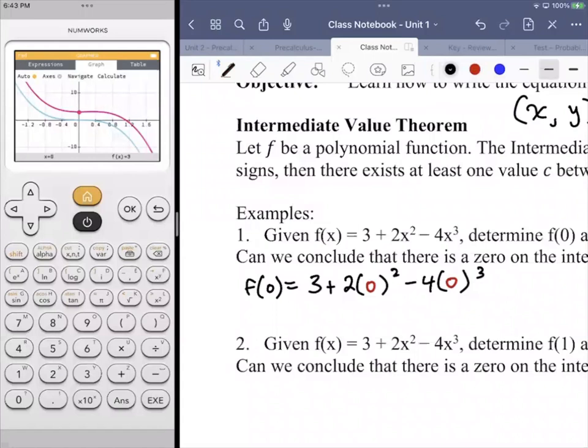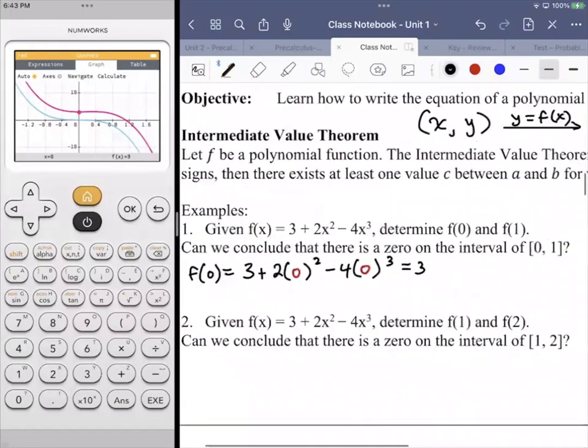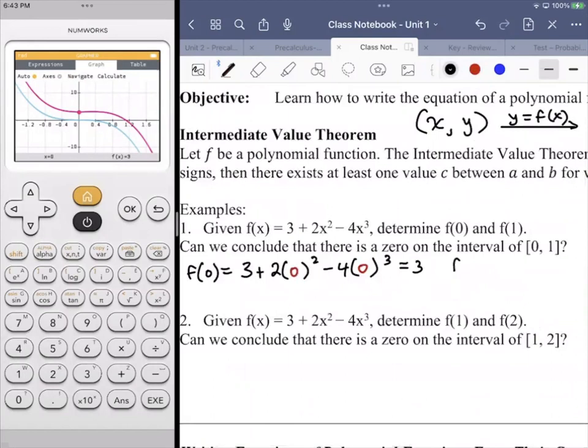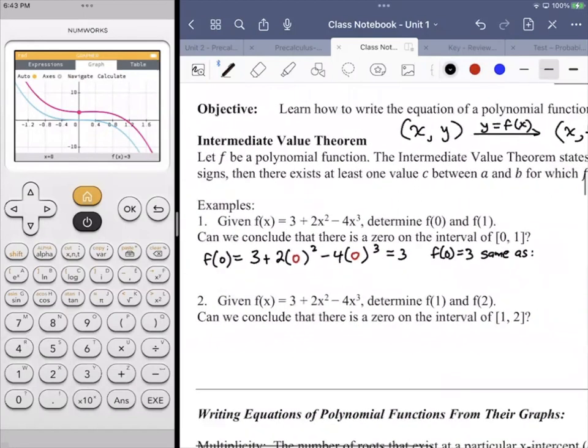Now, 0 is a nice number when it comes to polynomials anyway. Everything except for the 3 canceled out. That's great. So what this means is f of 0 is equal to 3. That's the same as saying coordinate 0, 3. All right, so I have a coordinate 0, 3.